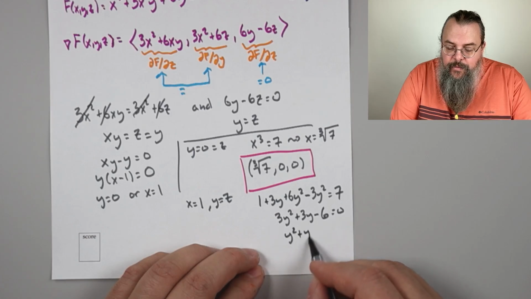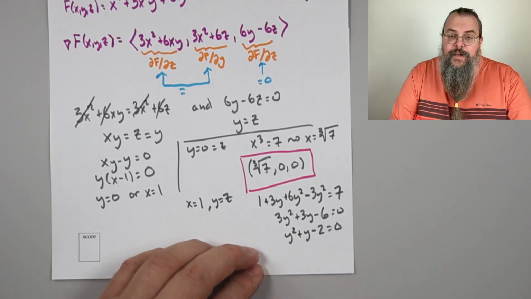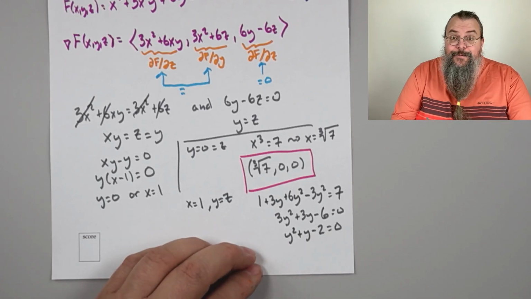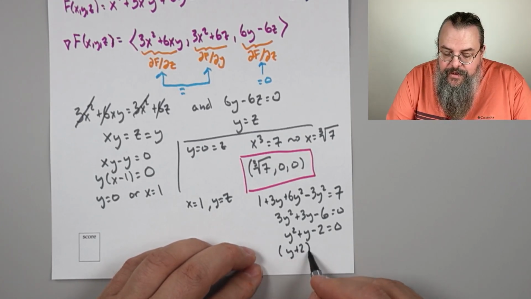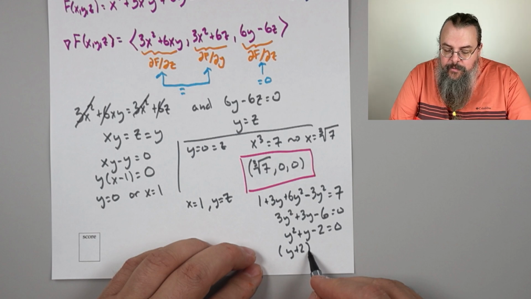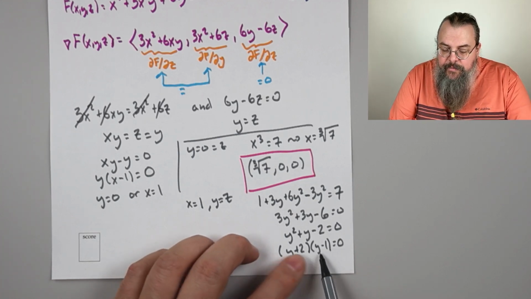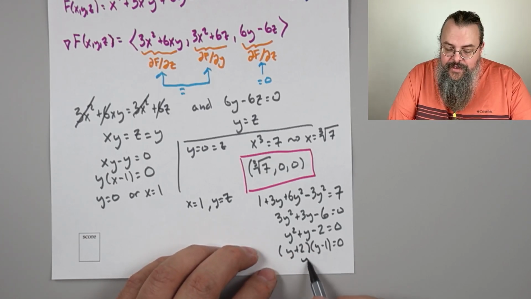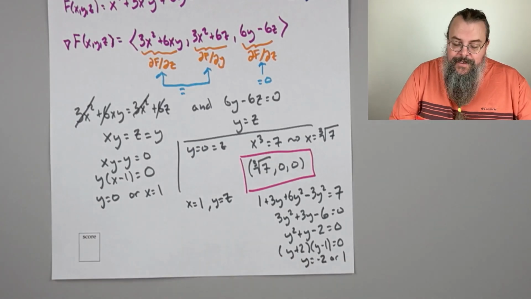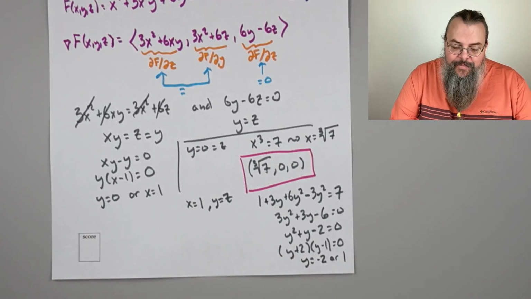y squared plus y minus 2 equals 0. I think we can factor this one. Let's see. It would be (y plus 2) times (y minus 1). And does it work? y squared, that's good. Minus 2y, minus y plus 2y, yes, plus y minus 2, which says, oh, y equals negative 2 or positive 1. So that actually gives us two possibilities.